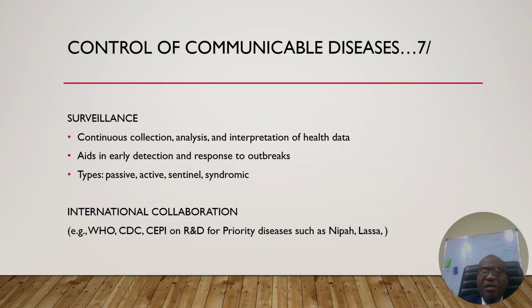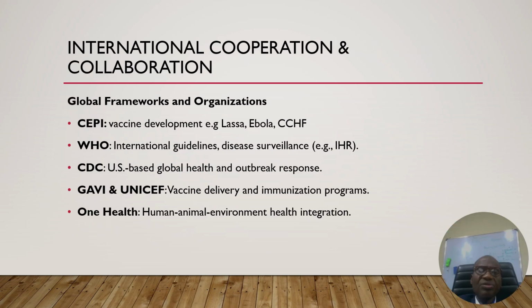They are a body involved in producing vaccines for priority diseases which WHO has identified for research and development, such as Nipah and Lassa. So international cooperation and collaboration amongst major stakeholders is a very important strategy for dealing with communicable diseases.